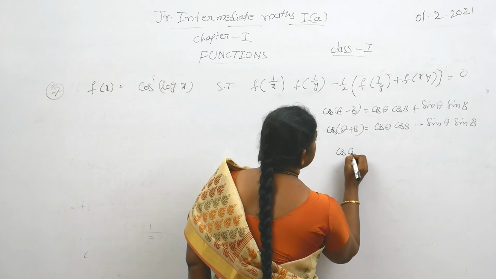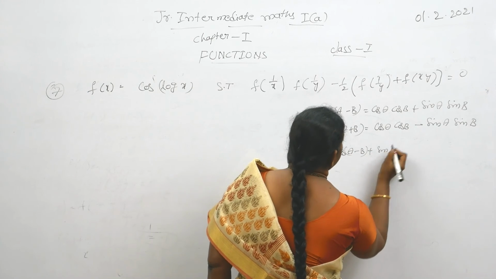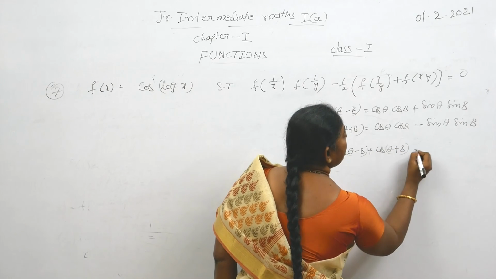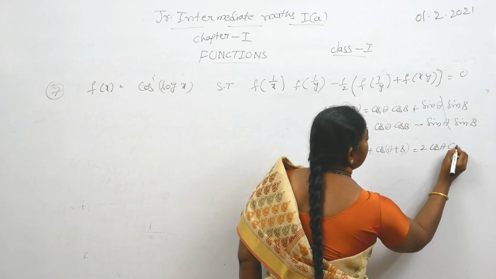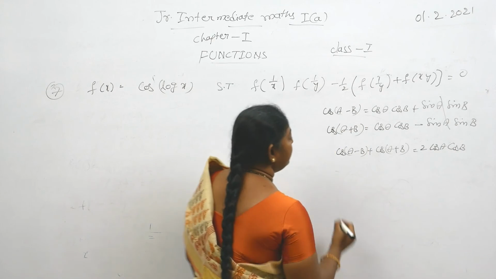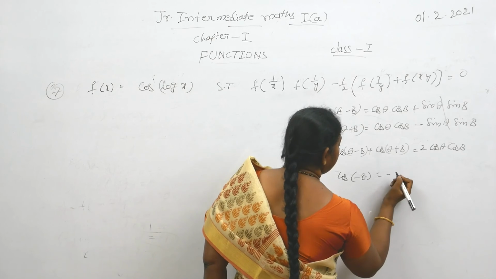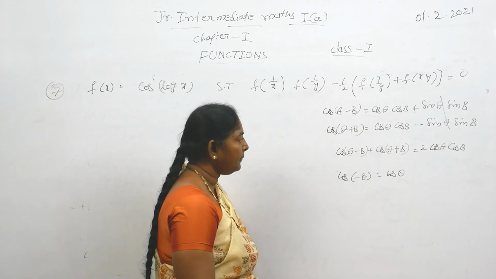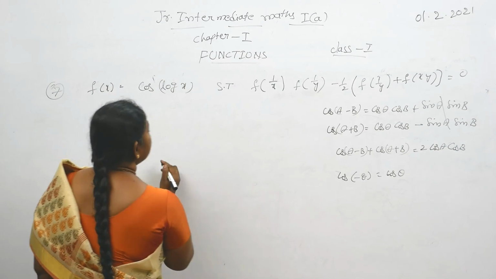So cos(a - b) + cos(a + b) = 2 cos a cos b. And one more condition, cos(-theta) = cos theta. So we are using these conditions here.